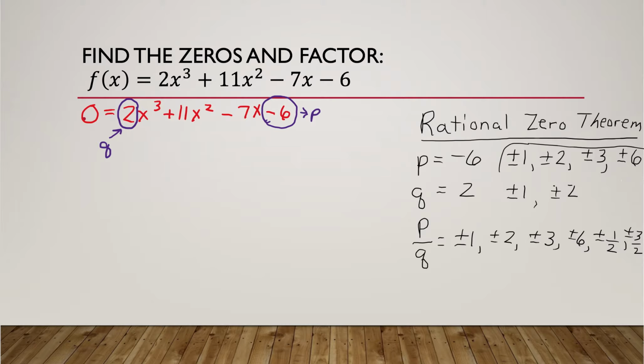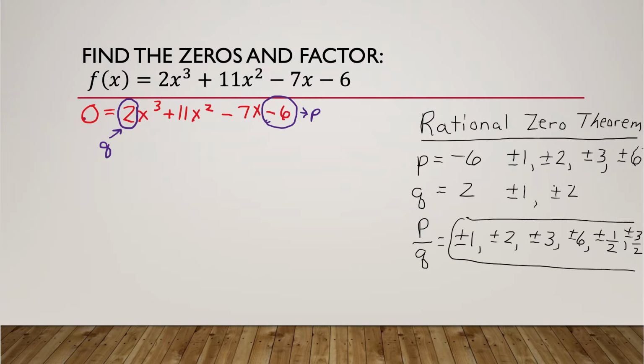All right, so what I have done now is created a list of all the possible rational zeros for the function. This is what the theorem says.